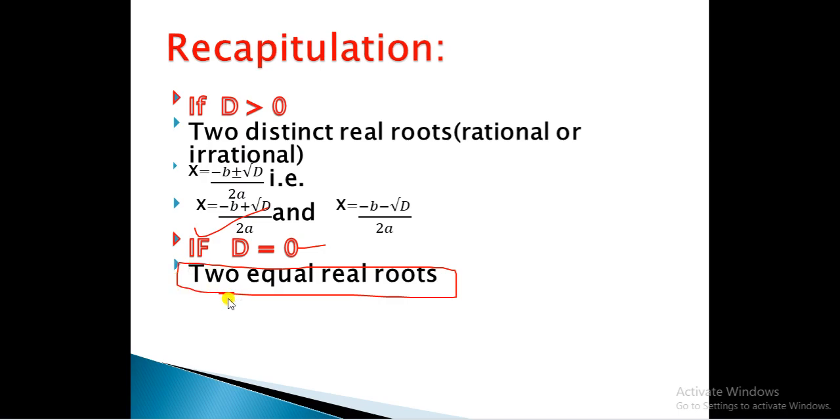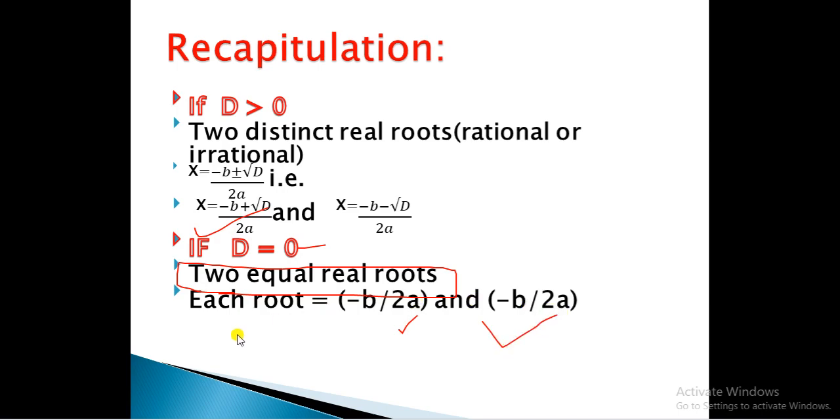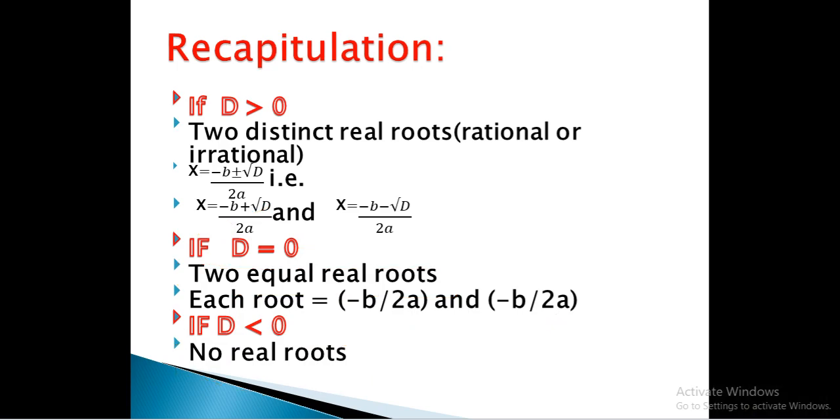Next, if D equals 0, we will have two equal real roots, meaning the roots will be equal and real, given by minus b upon 2a, minus b upon 2a. Next, if D is less than 0, we will get no real roots. Remember, in this case no real root exists whenever the discriminant is less than 0, or negative.